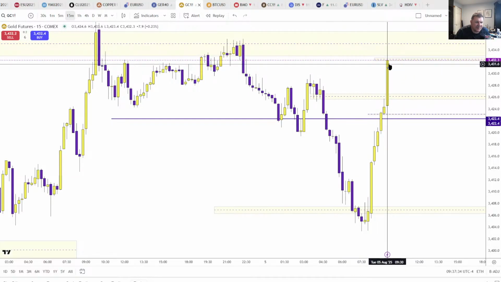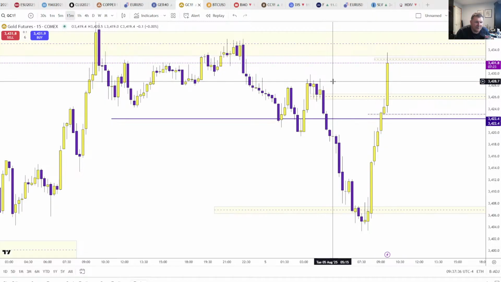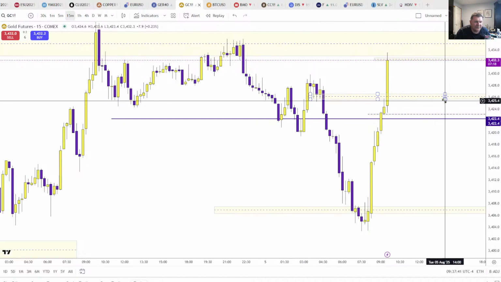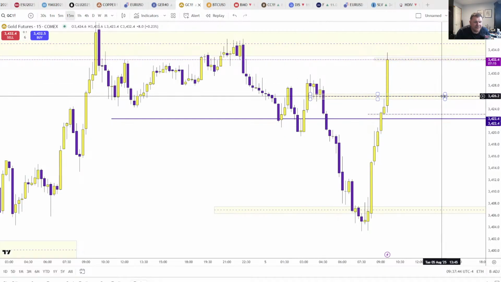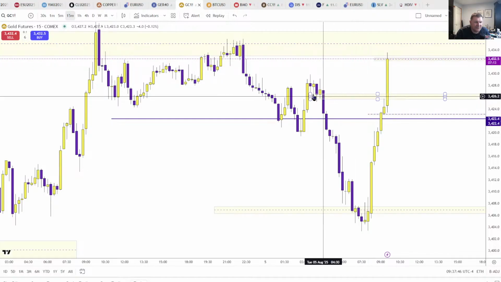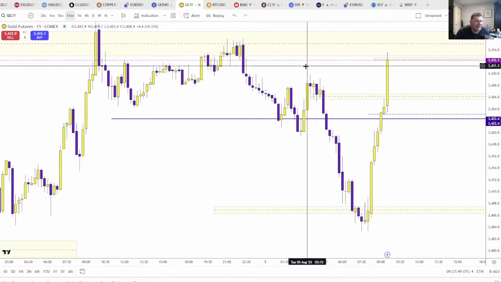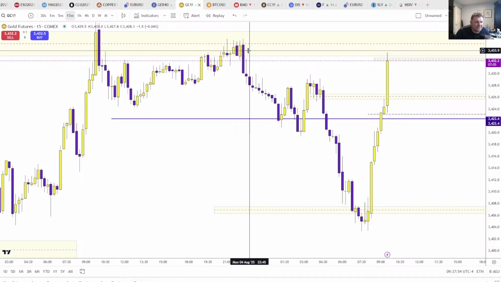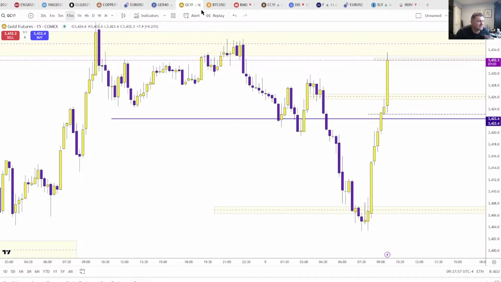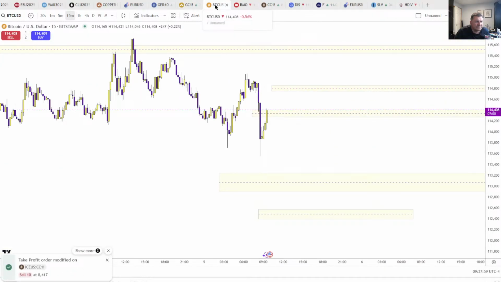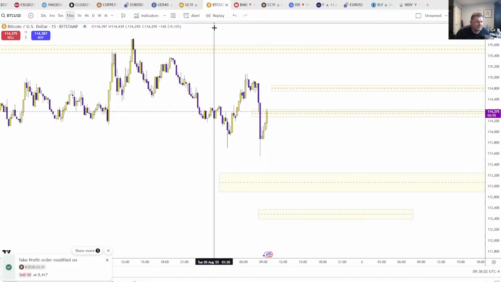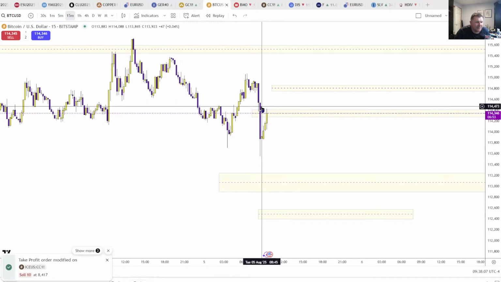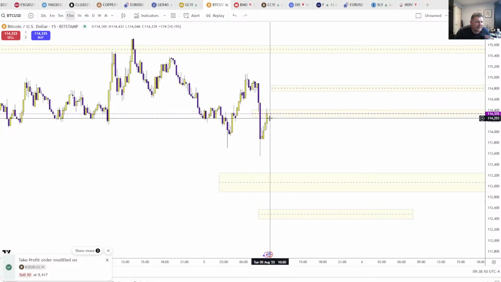If it stops and starts to come back down, if we stay below that level, watch for a potential run back into this imbalance in this last closed candle here, and its mean threshold lines up with the consequent encroachment of this. That's the top, and we'll see how it acts inside here.